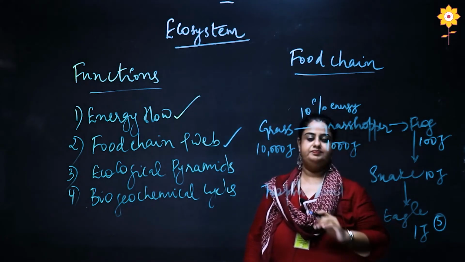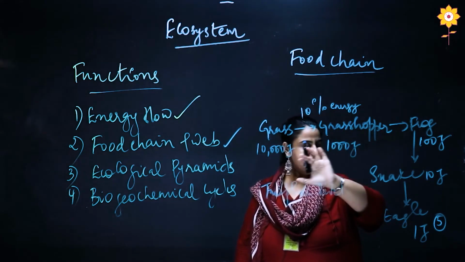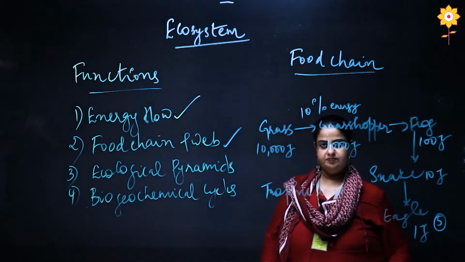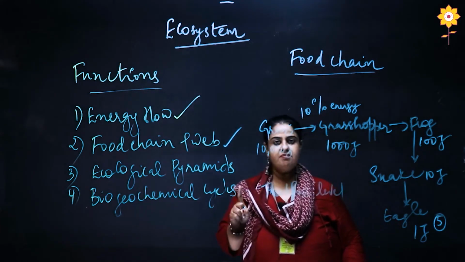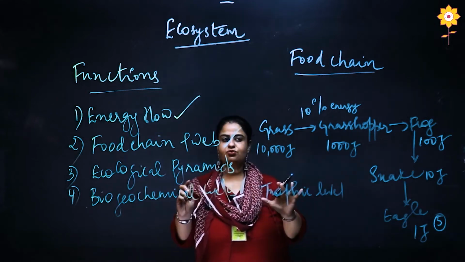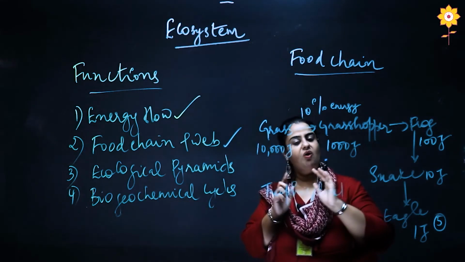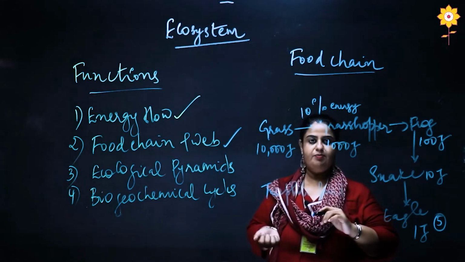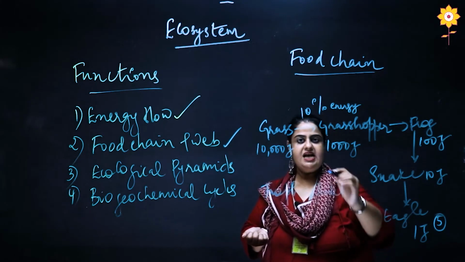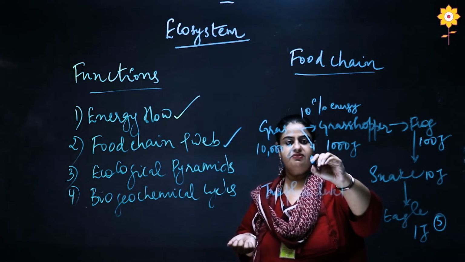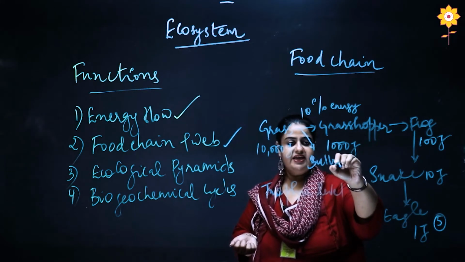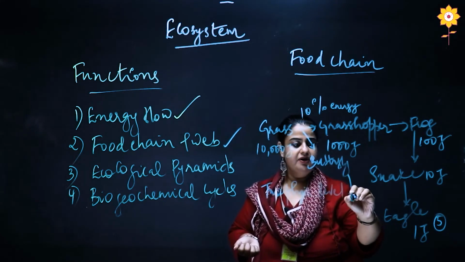Okay. Now this is a food chain in a simple example. What we have to remember is, in an ecosystem, a single food chain cannot stand on its own. It is always interconnected. For example, the grass can be eaten by a butterfly. The butterfly can be eaten by a bird.